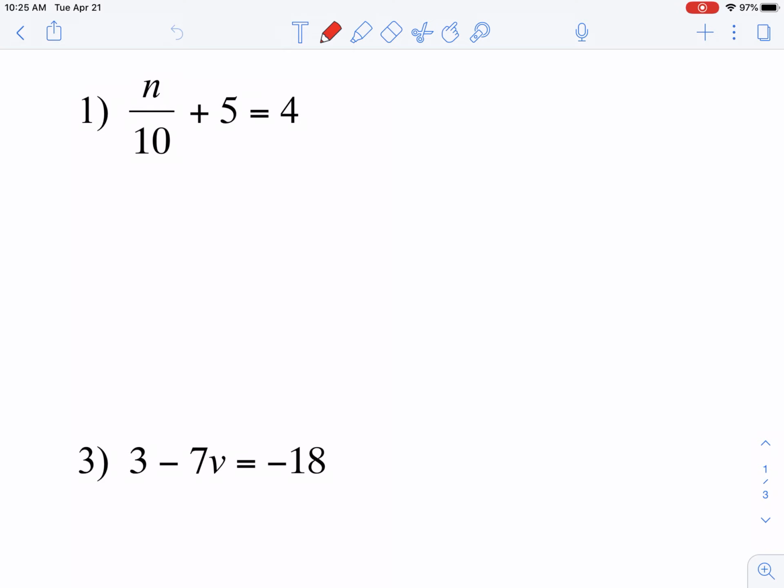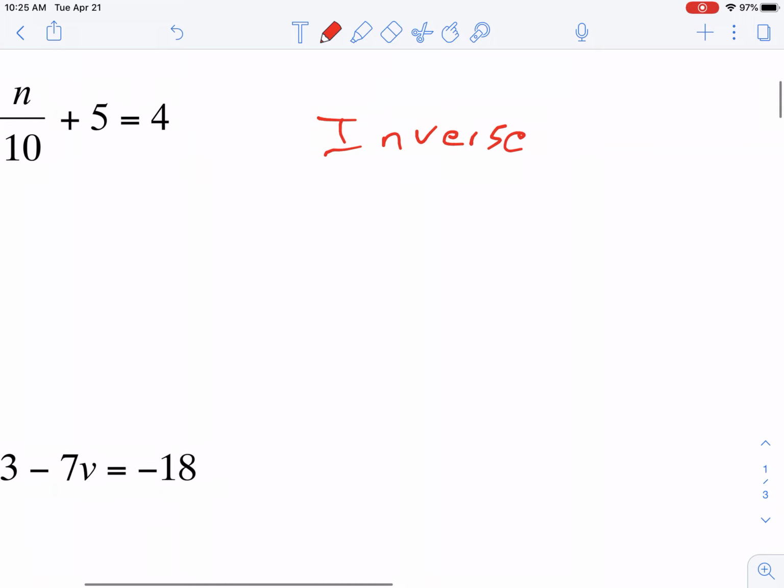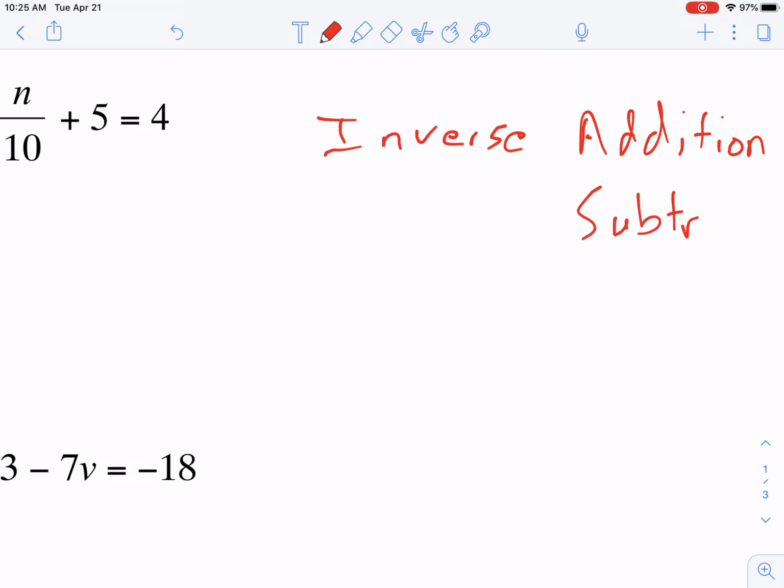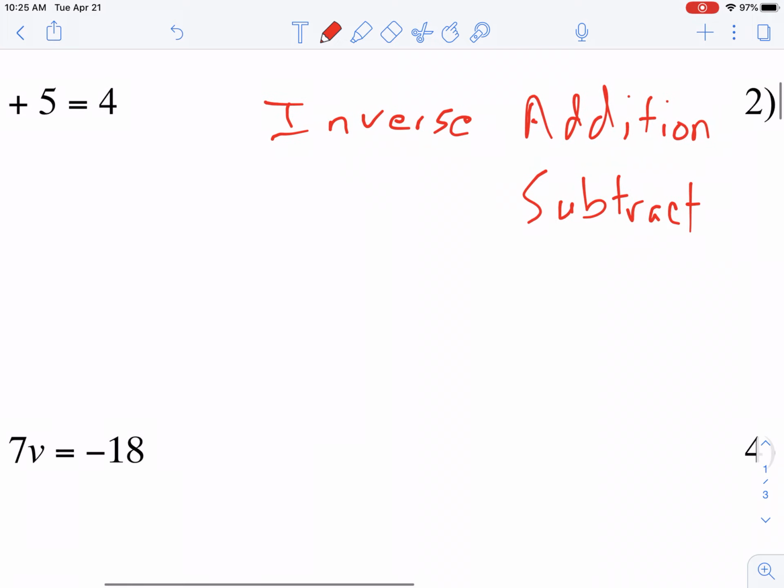You can do the inverse, which means the opposite, of addition. You can do the inverse of subtraction. You can do the inverse of multiplication.